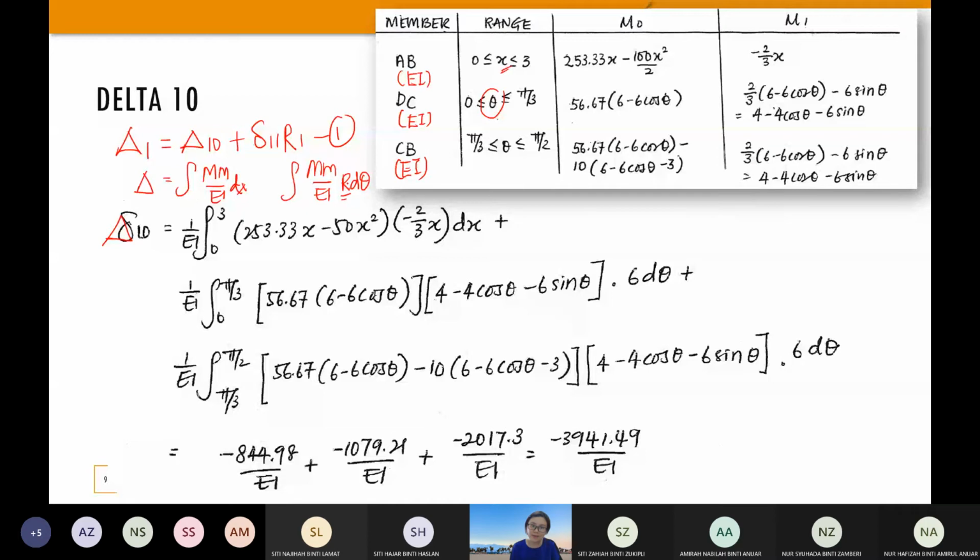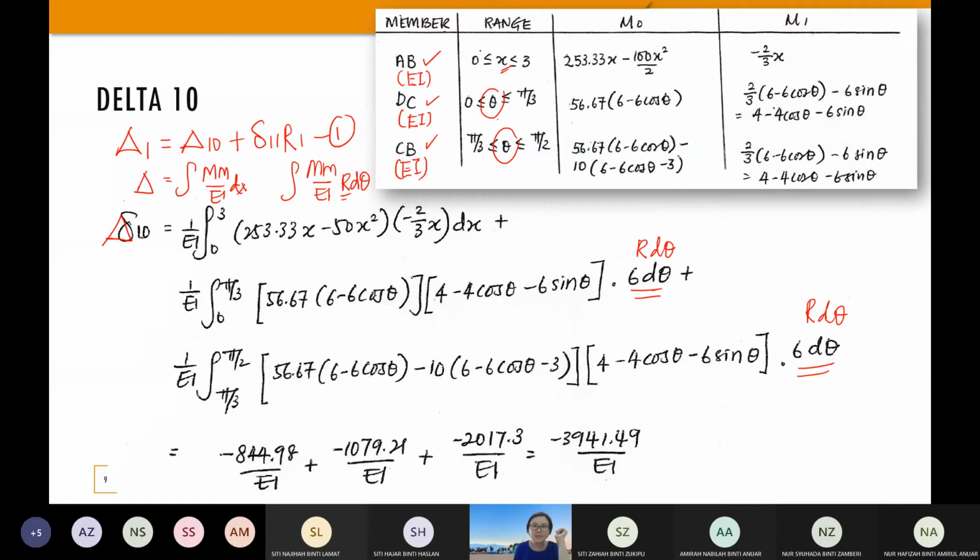You have another detail to put in this integration, which is R. So if you look at DC and CB, where you deal with θ, you have R here. Let's try member AB.